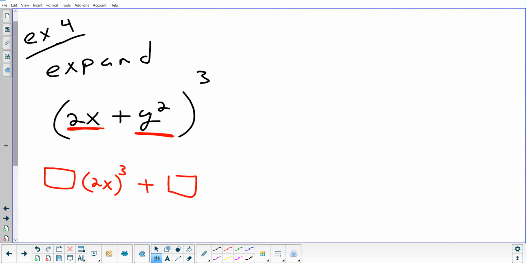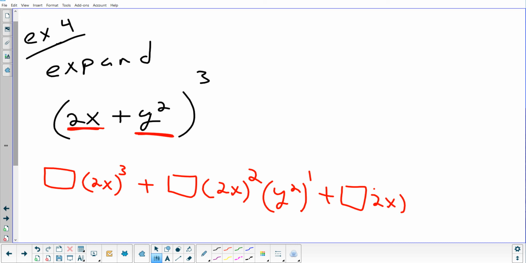Next one. What's the 2x going to get raised to this time? Second. And what's the y squared going to get raised to? 1. All right, next one. What's the 2x going to have as its exponent? 1.